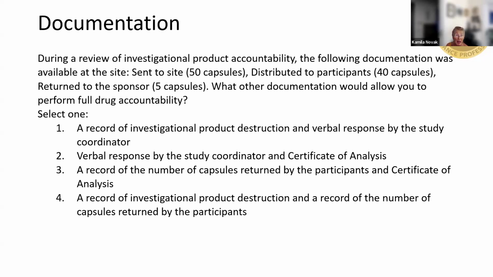So you would need a record of investigational product destruction, and a verbal response by the study coordinator, and certificate of analysis, a record of the number of capsules returned by the participants and the certificate of analysis, and finally, the fourth option, a record of investigational product destruction and a record of the number of capsules returned by the participants.